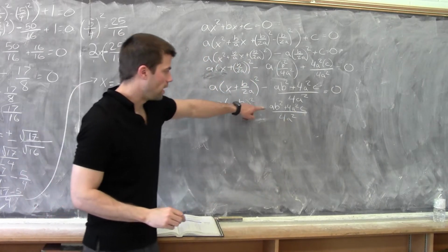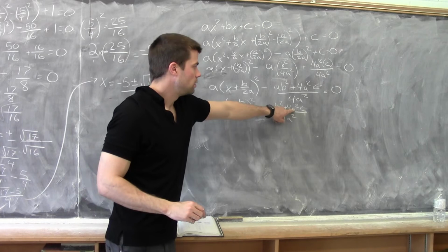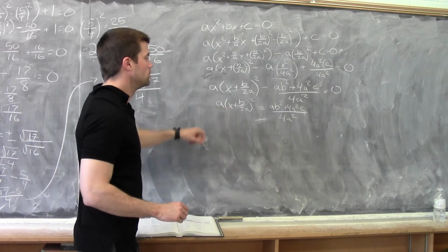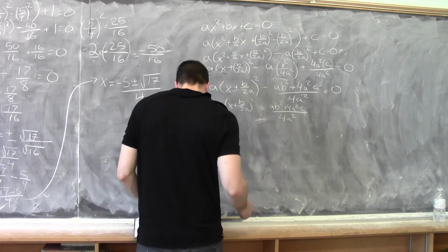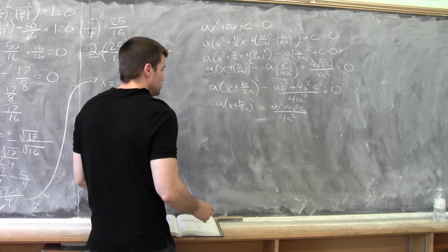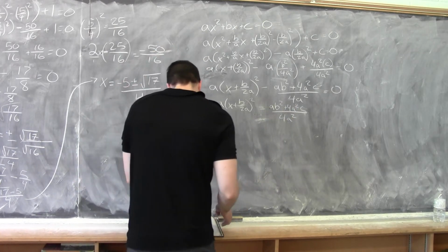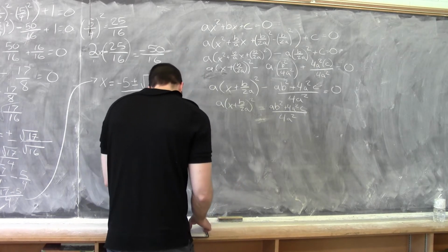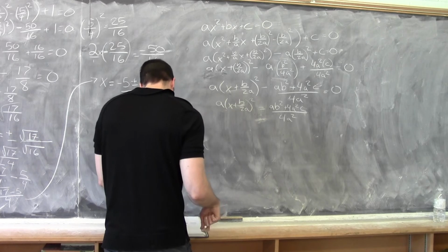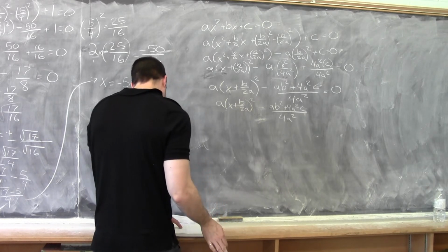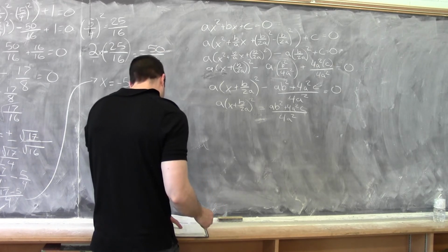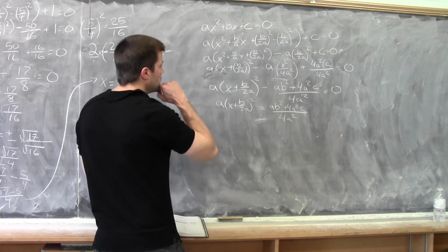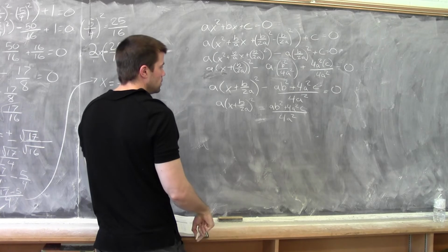You can see here a is common in both the numerator and the denominator, so I can divide 1a out. Actually, I can divide both sides by a.